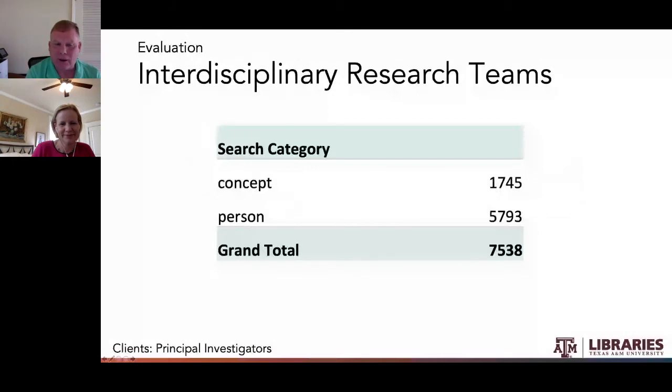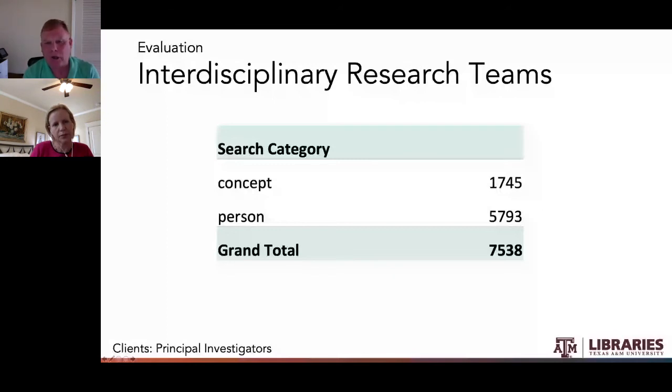Interestingly enough, we are also tracking what search terms users are using to search through Scholars at Texas A&M. And it still dominates people searching for people by name. And of course, we are not accounting for how many people are searching for themselves here in this data.